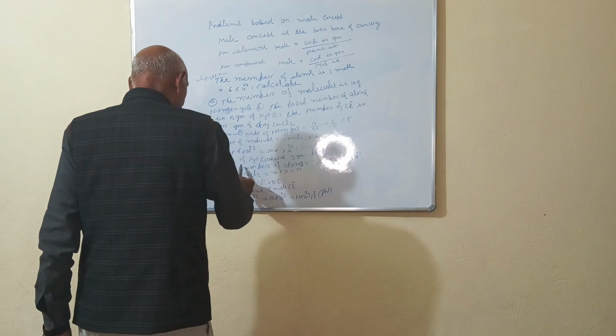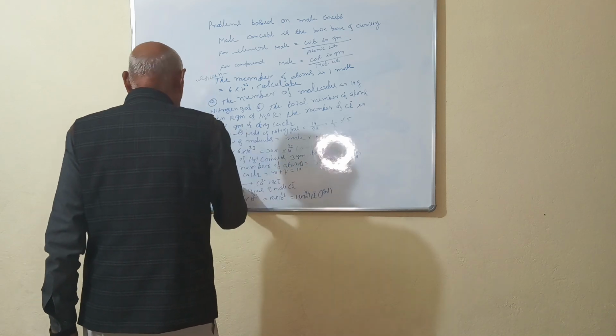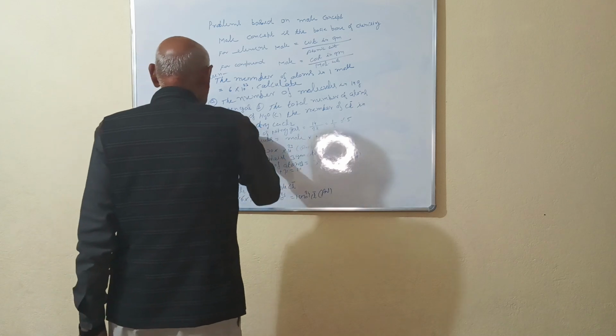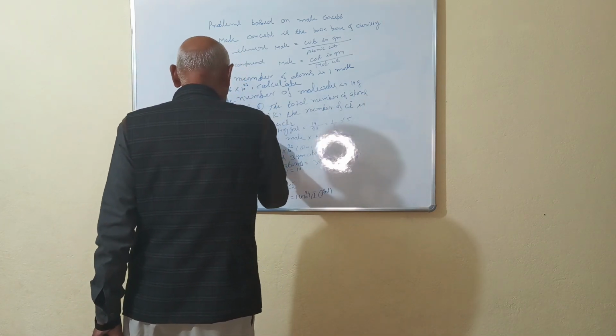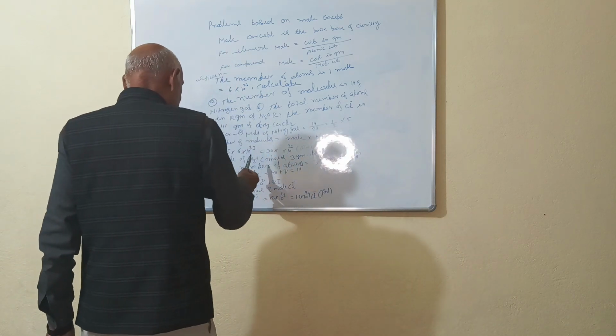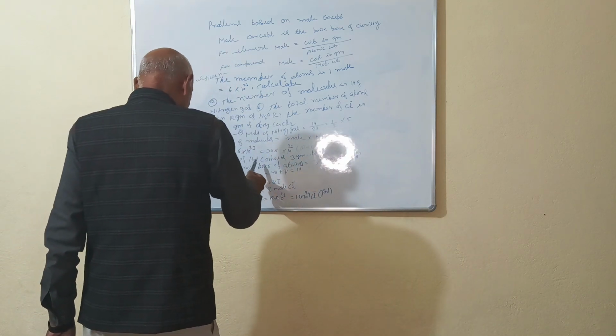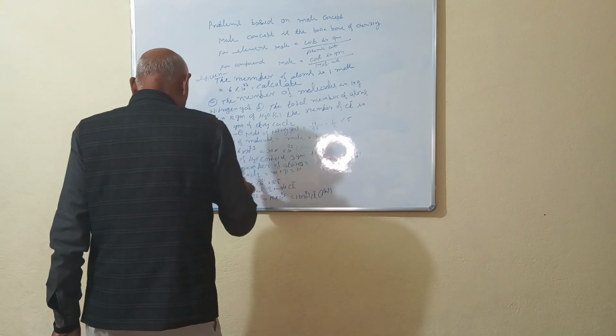B. 1 mole of H2O contains 3 gram atoms. Question B. The total number of atoms in 18 gram of H2O. When molecular weight is expressed in gram, it is called gram molecular mass or molar mass.